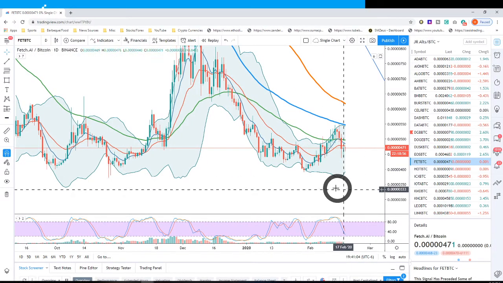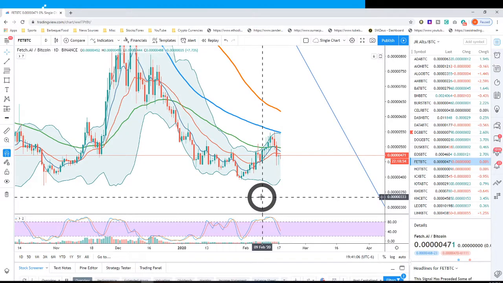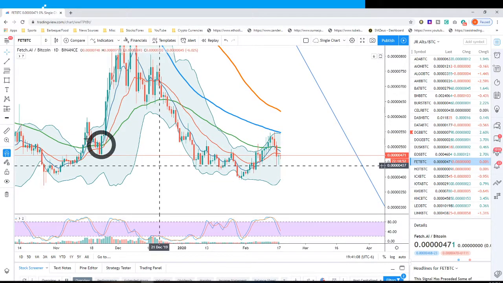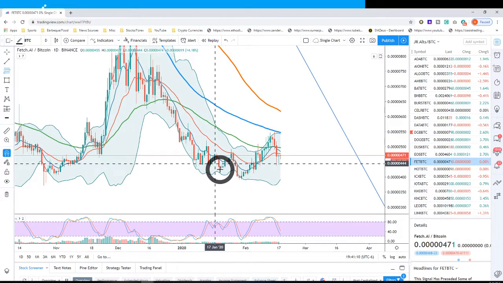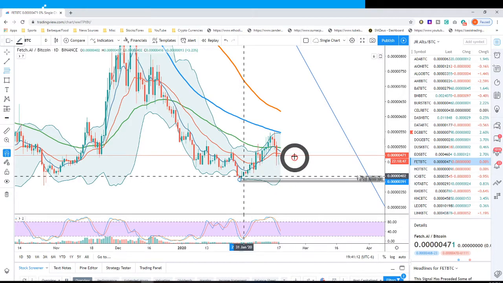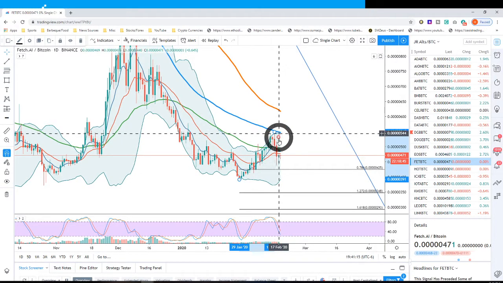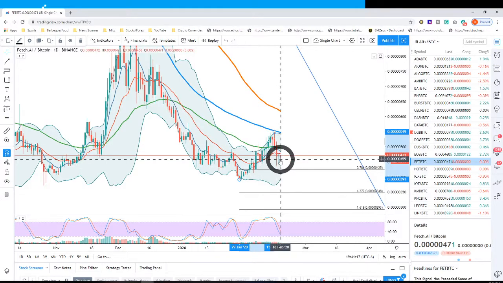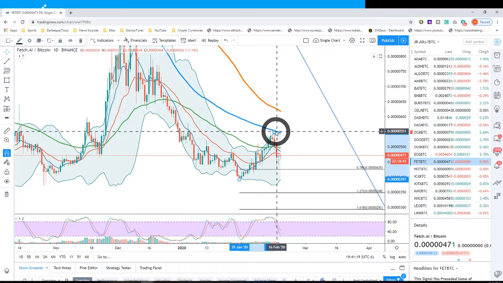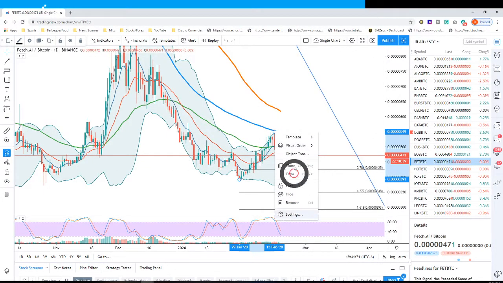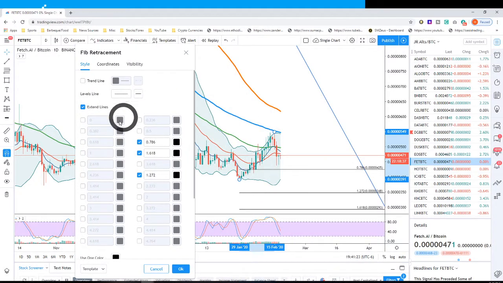Okay. Well, I like the fact that it made this nice move. Let's see where support was on that little retrace it had. Right around the 78.6. I think the 61.8 probably broke on that move. Let's look.